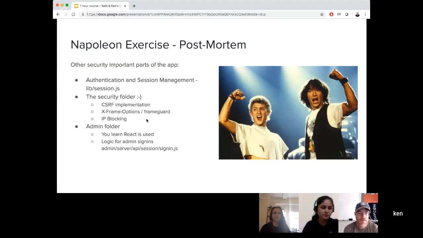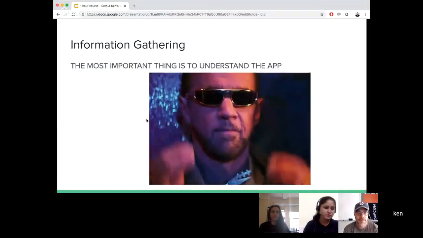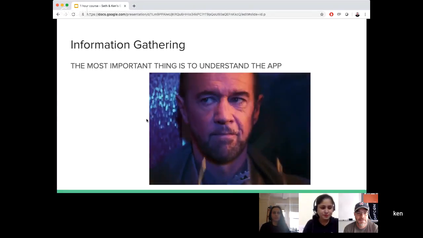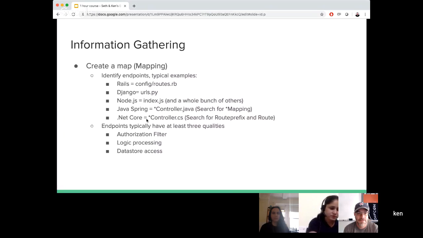So, information gathering. Seth just talked about it, but the most important thing is to always understand the app. We can't talk through all of the things that you see here, but we do want to cover, before we get off here, creating a sort of map.